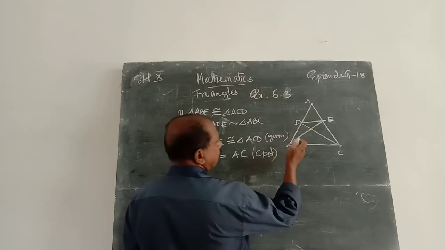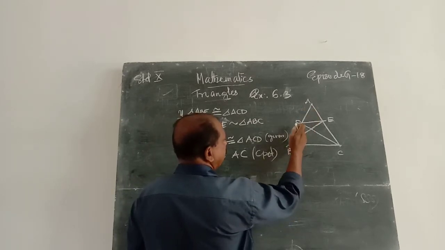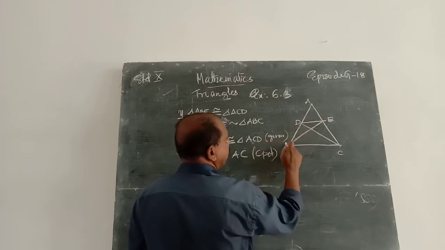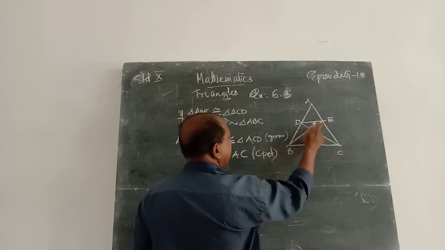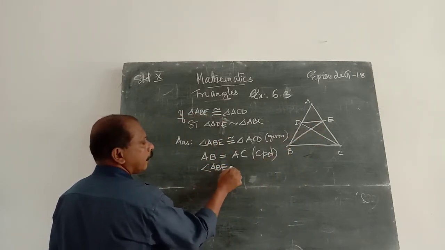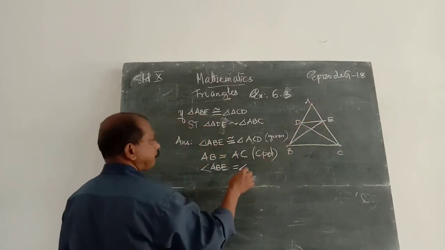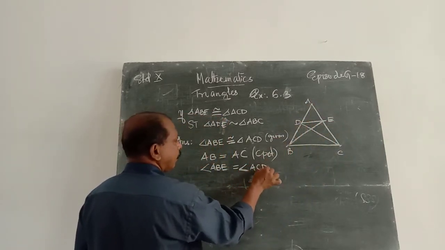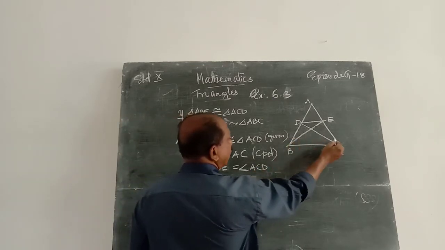Therefore, this angle DBE, or ABE, angle ABE is equal to angle ACD. That means these two angles are equal.